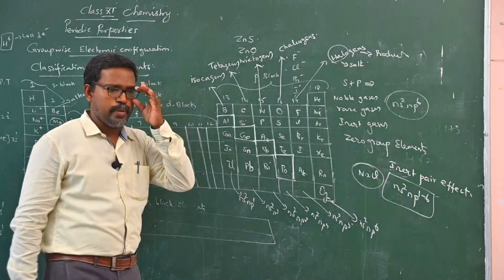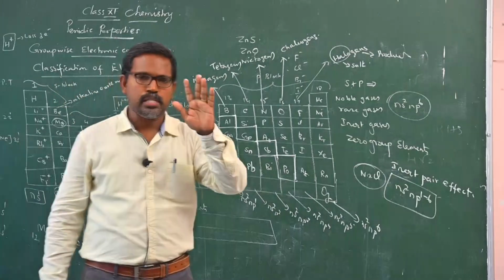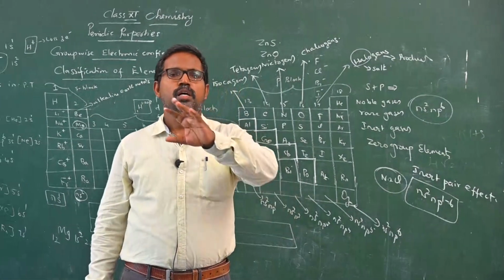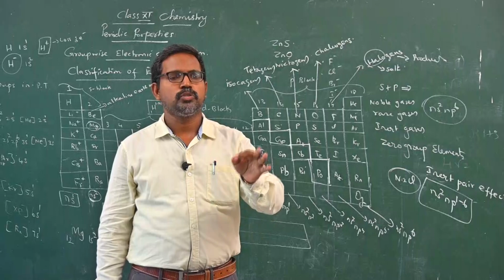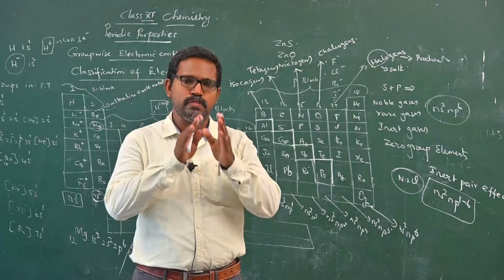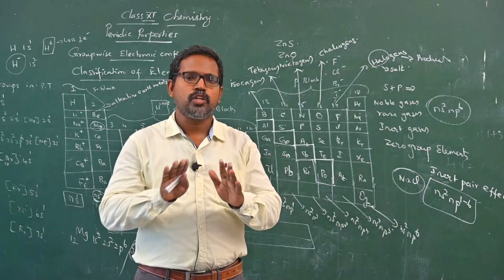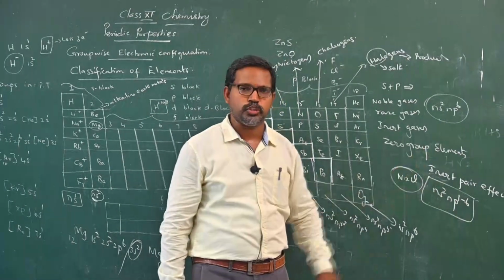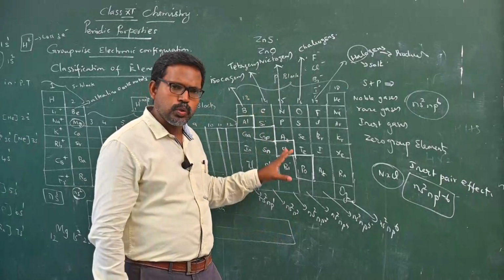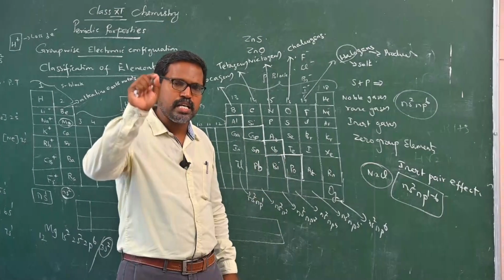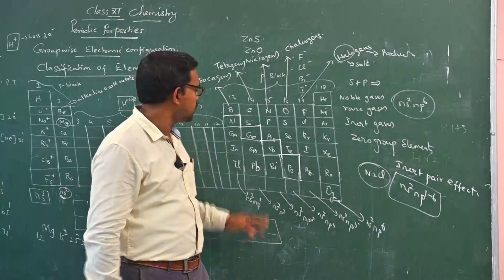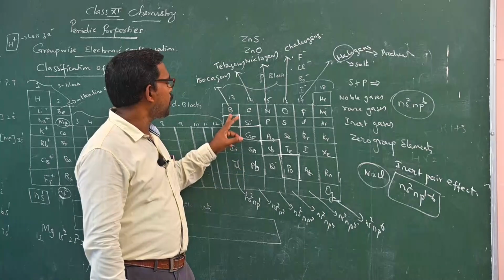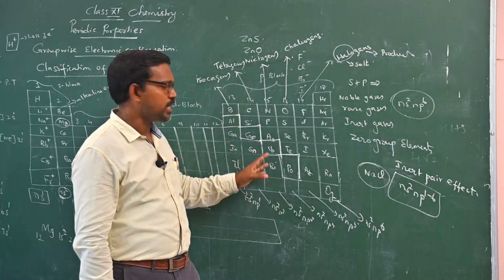This is all about the p block elements. From the examination point of view, if the question asks to give a short note on p block elements, first write the general electronic configuration ns2 np1 to 6. It includes metals, non-metals and semi-metals. Give examples. Metals: boron, aluminum, gallium, indium.